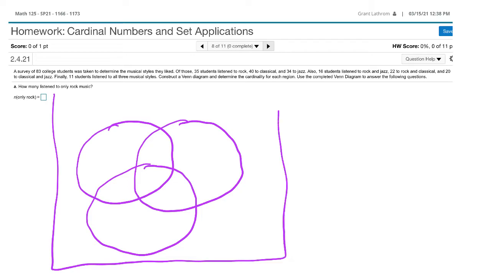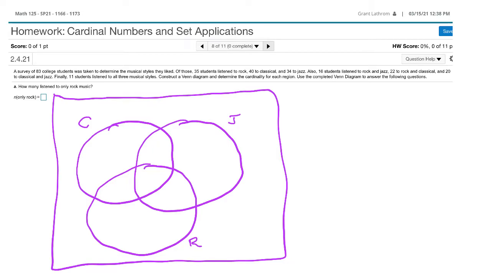And then we have our universal set on the outside. So the sets that we have in this case, we have the types of music the students listen to. We have classical, C. We have jazz, that we'll label as J. And then we've got rock, that we will label with R.